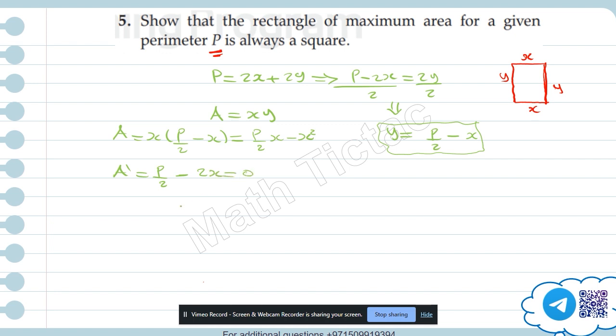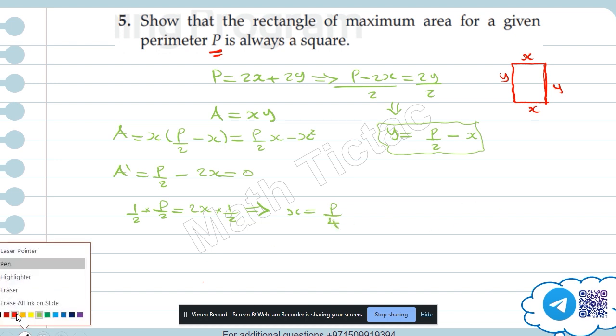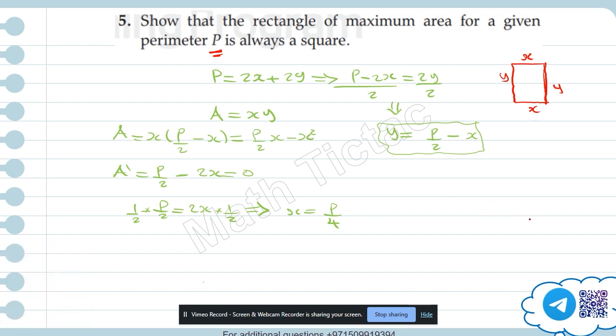Now let's make this equal to 0, just for finding the value of x. Now P over 2 will be equal to 2x. After that, divide by 2 both sides, or multiply by 1 over 2. So that will give me x equal to P over 4. We need to find the maximum, or maximize the area.